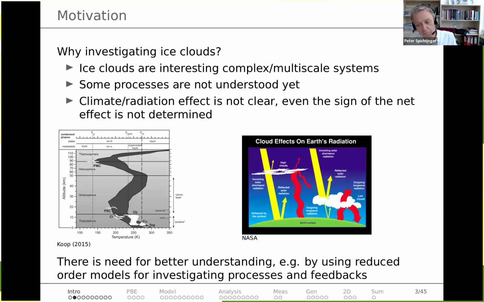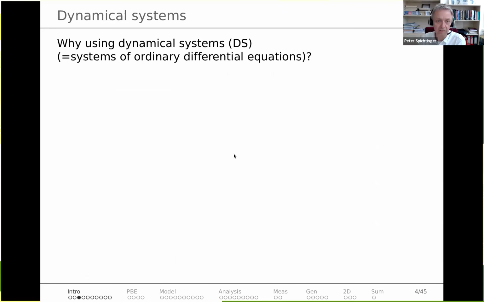One of the nice things in the toolbox are reduced order models, where we can try to understand the basics of the system without too many details. Why use dynamical systems, which are systems of ordinary differential equations?